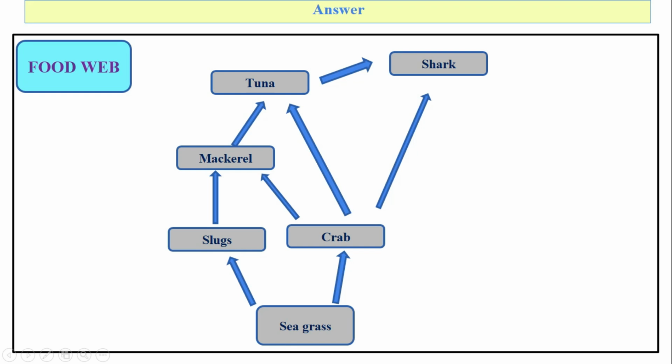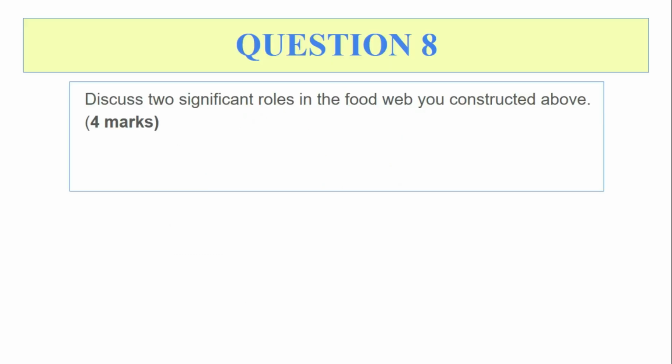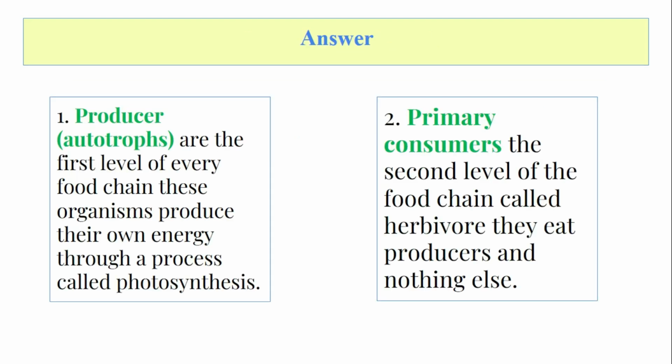Not all animals are herbivores. When they eat the animals, those animals may have eaten plants before and got that energy. So the shark will be able to get energy from the slug without eating the grass. So you see, each level is very, very important. These organisms help to pass on energy to other organisms that don't feed on plants, basically.